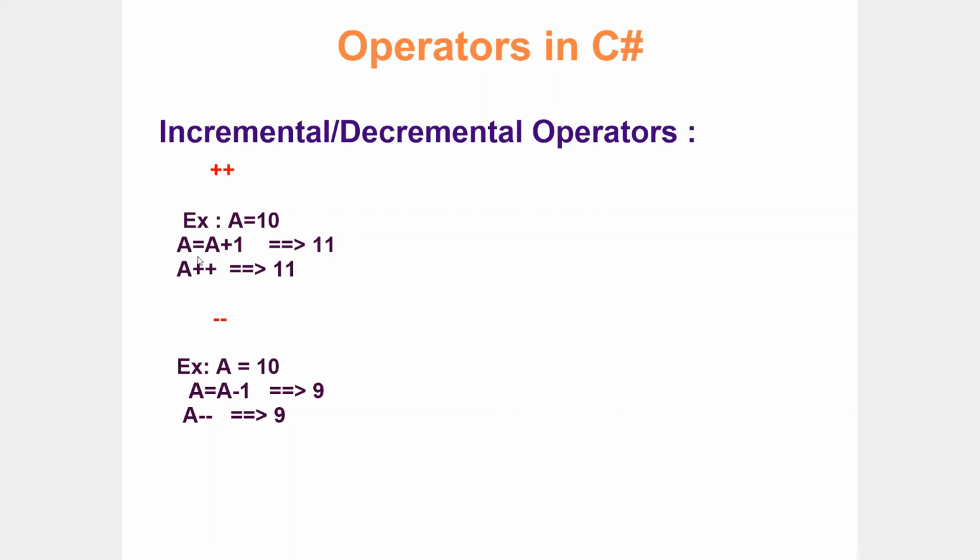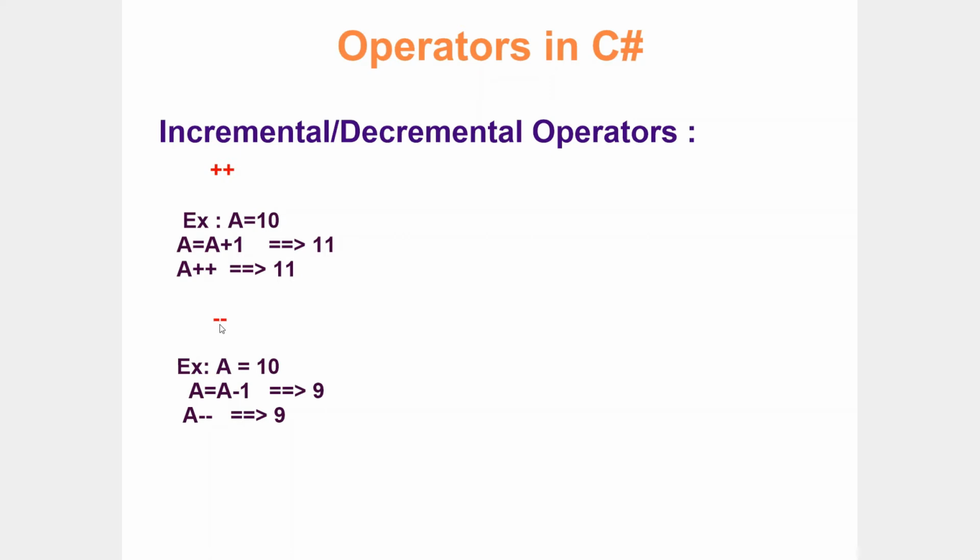Here a plus plus is an incremental operator, and it is nothing but a is equal to a plus 1. So wherever you need to write x is equal to x plus 1, or y is equal to y plus 1, z is equal to z plus 1, wherever the value needs to be incremented by 1, don't write this complete statement. Rather, make use of your plus plus incremental operator. This will reduce some complexity.